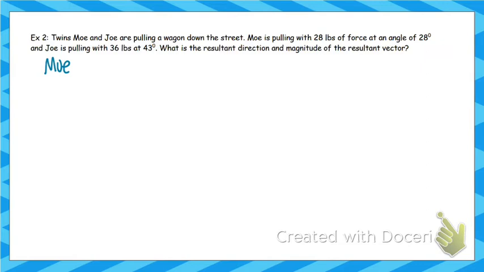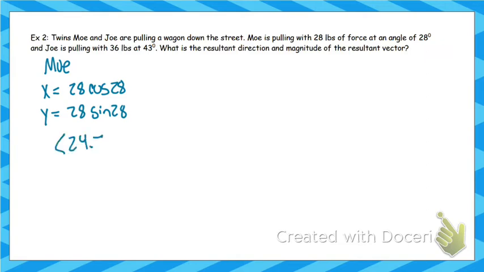So we're going to find the component form. For the x, we do magnitude times cosine of the angle, and for the y, magnitude times sine of the angle. It's convenient that they happen to be the same number this time. So we can plug that in. We have to use a calculator on this. That's going to be 24.72 for the x and 13.15 for the y.